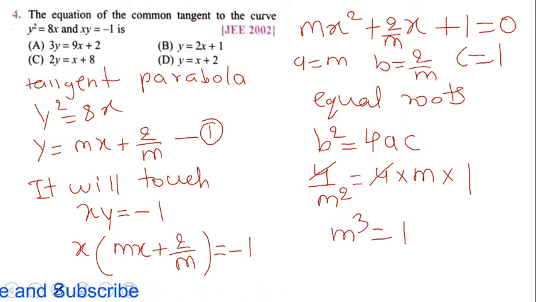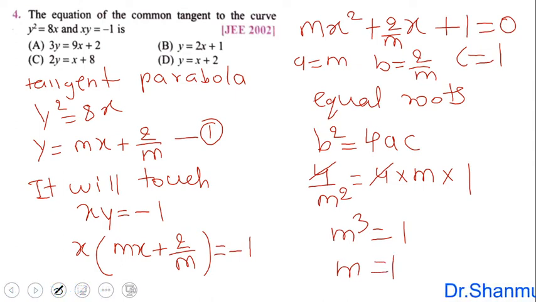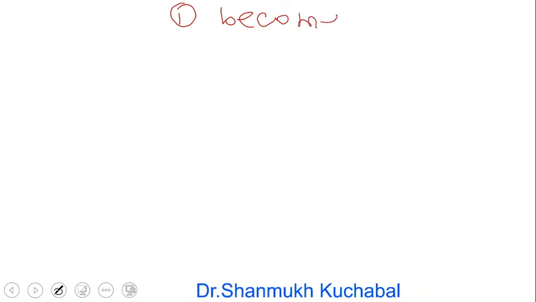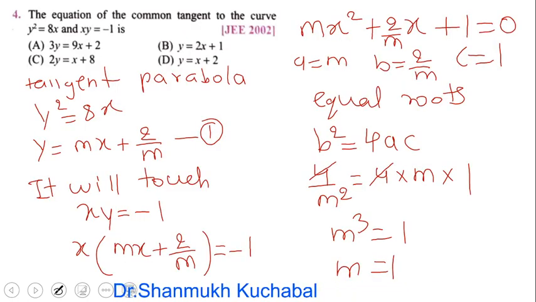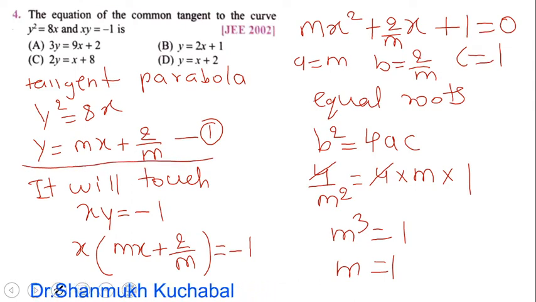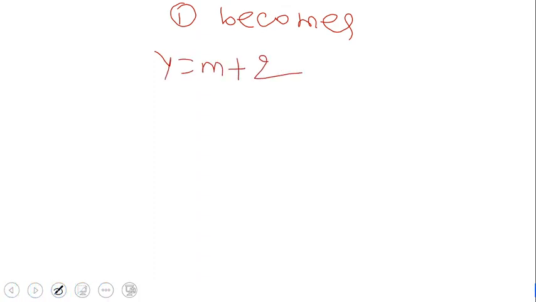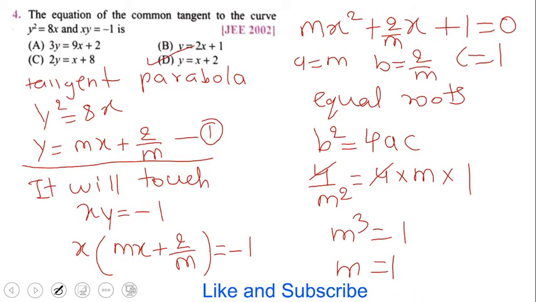So m we get as 1. Now we have to substitute in equation 1, taking m as 1. So we get y equal to x plus 2. Therefore clearly option D is the right answer.